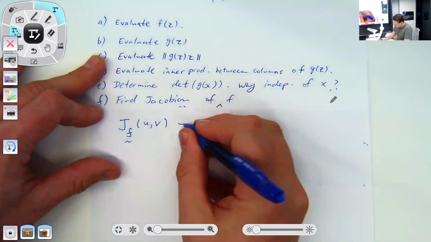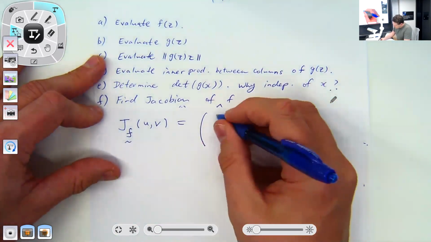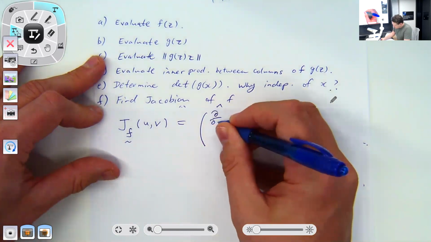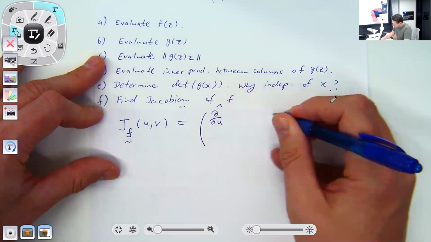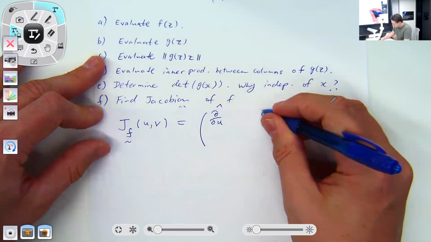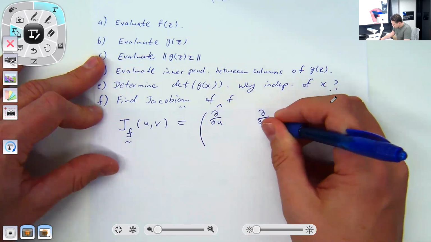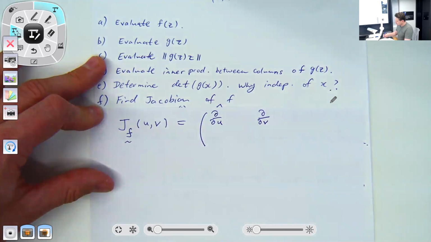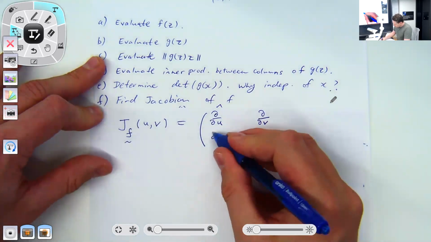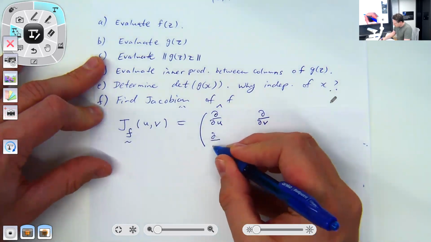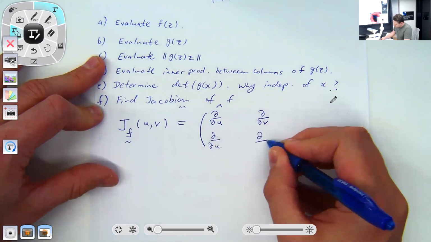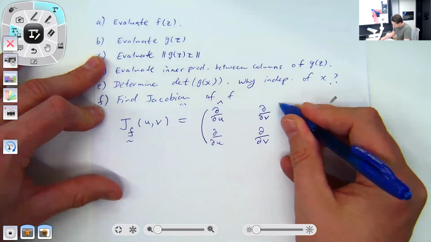Okay, great. So we have a formula here. It is the partial derivative with respect to u of something, and the partial derivative with respect to v of the same something. Down here we have partial derivative with respect to u, partial derivative with respect to v.